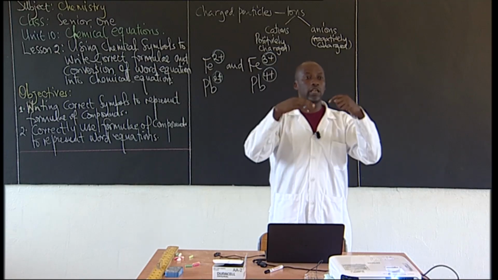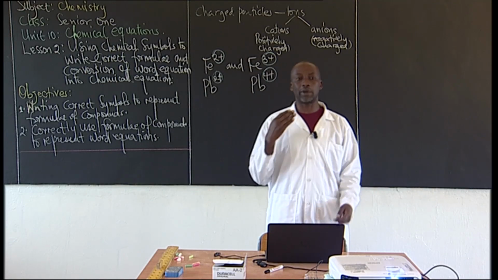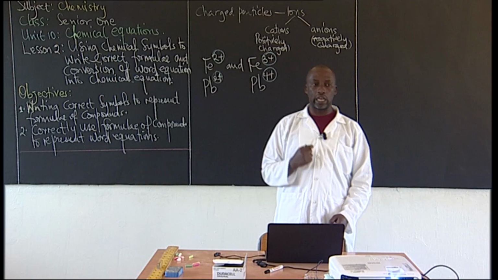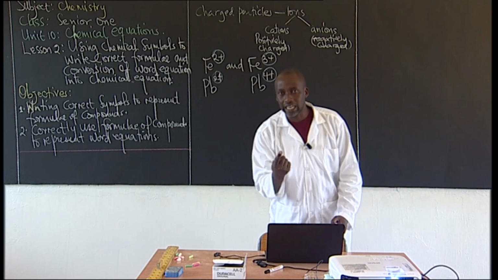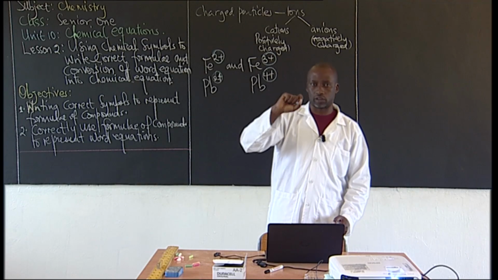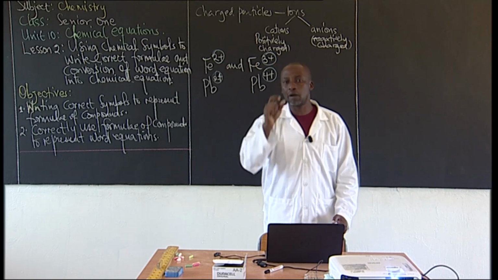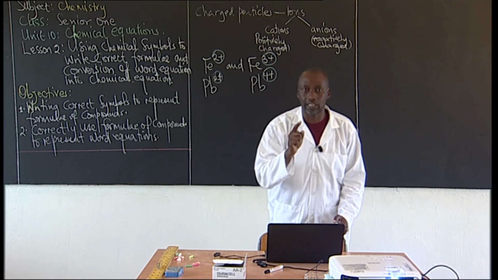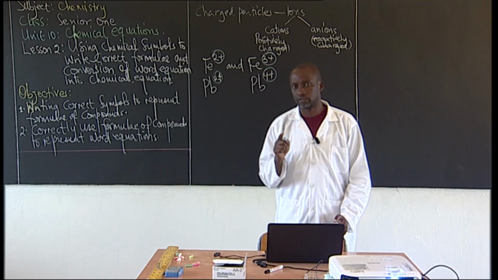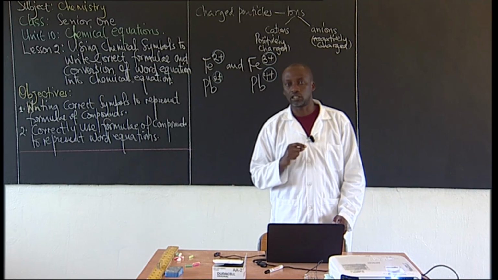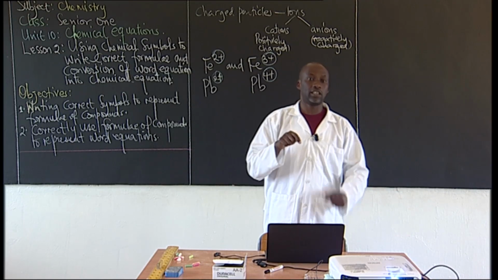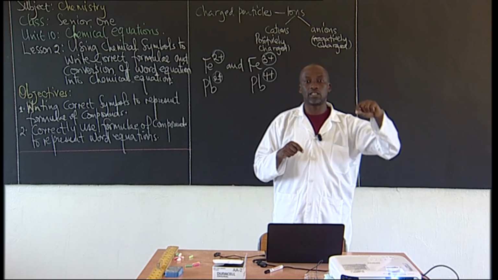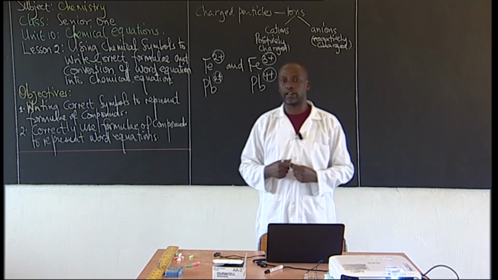We are not saying lead only. So there must be lead 2 or lead 4. So in the cases where we have to mention the number of the valence, what does it mean? It means that there is another lead with another valence.